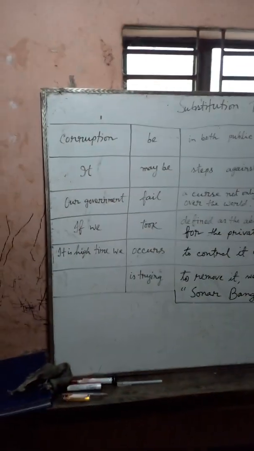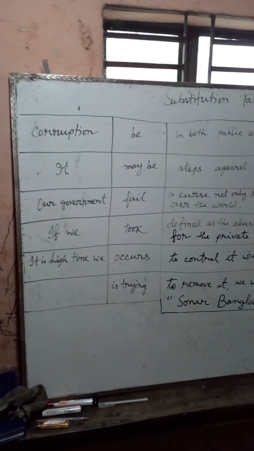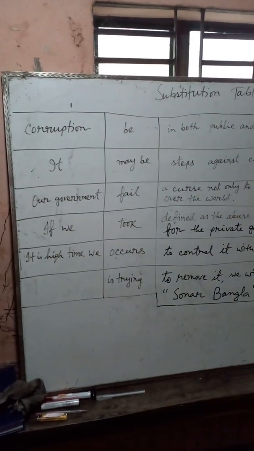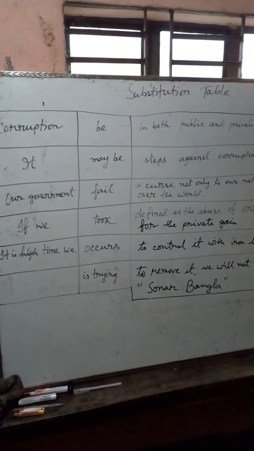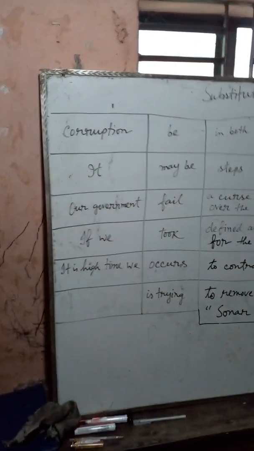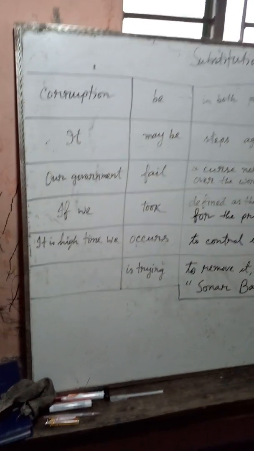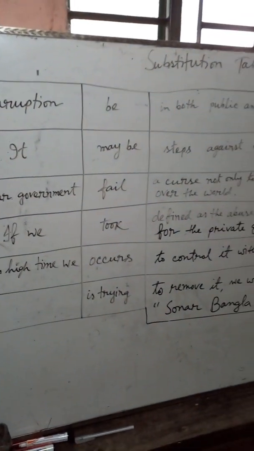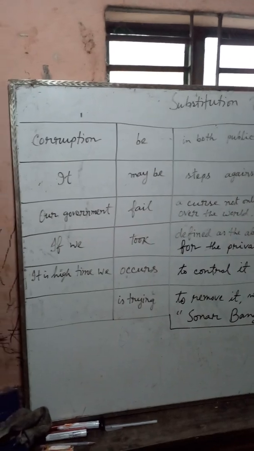Okay, thank you. So then, what will be the very first sentence? Corruption. Corruption is a third person singular number. So what will be the very first sentence?